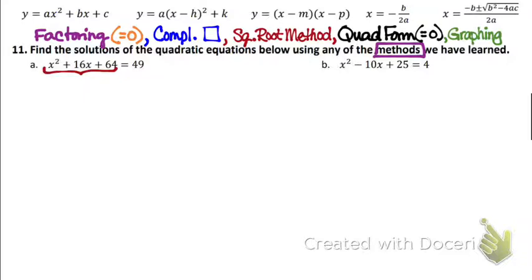Do we know of numbers that will multiply to 64 and add to 16? 8 and 8. This whole thing over here will be x plus 8 squared. Multiplies to 64, adds to 16. When these two numbers are the same, I'm going to get a squared factor.